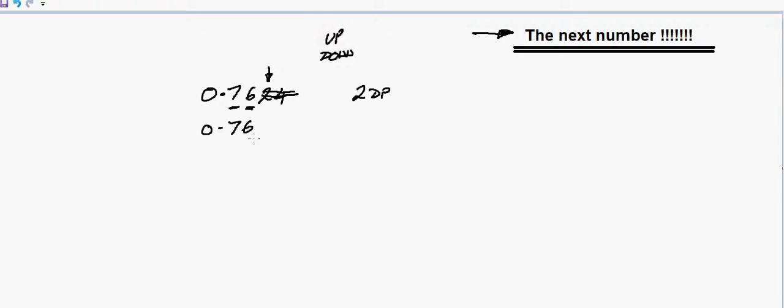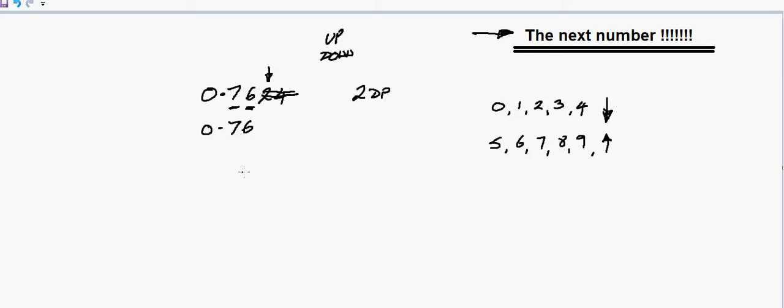Okay, so if we have the numbers 0, 1, 2, 3 and 4, then we always round down. If the next number is a 0, a 1, a 2, a 3 or a 4, we round down. If it's a 5, 6, 7, 8 or 9, then we round up.